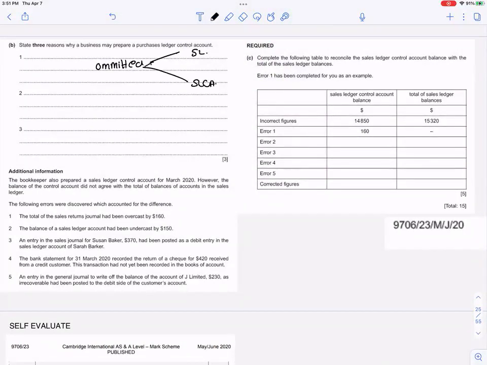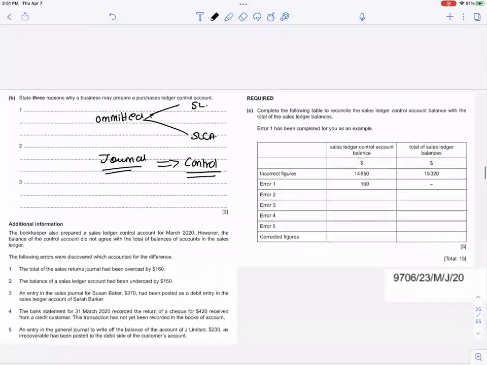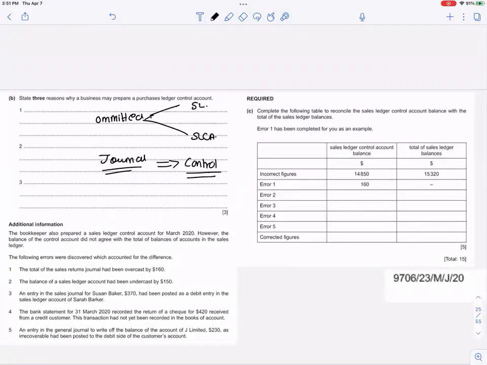And if journal is given, it will only come in the control accounts. This is the first thing to remember. Are you all with me?